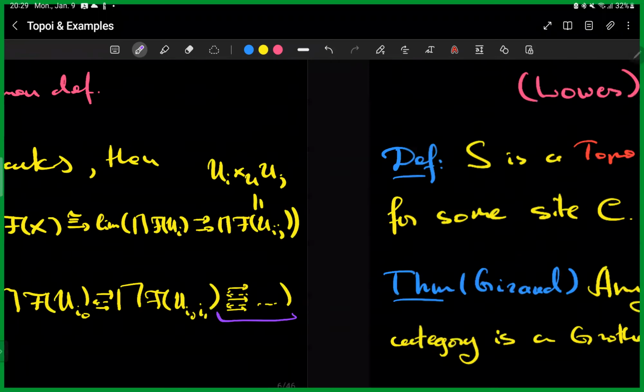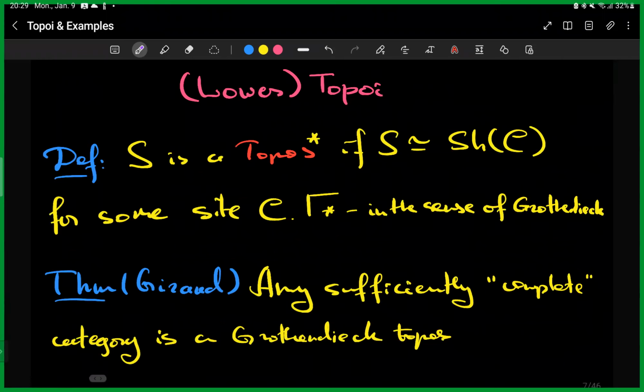Okay, so now let's discuss Grothendieck topoi. So we say that a category S is a topos in the sense of Grothendieck if it is equivalent to a category of sheaves on a certain site.